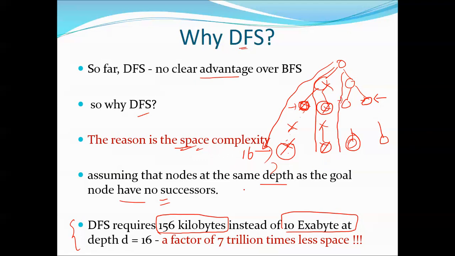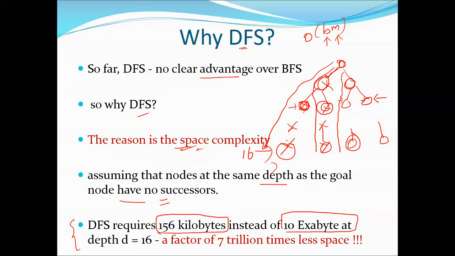You're getting it? So its space complexity, you can see, is order of bm. What is b? b is the branching factor, that is the maximum number of children a node can have, and m is the maximum depth. So at each level you are expanding. When you expand this node, you get 2 children if it is a binary tree, because the branching factor is 2.